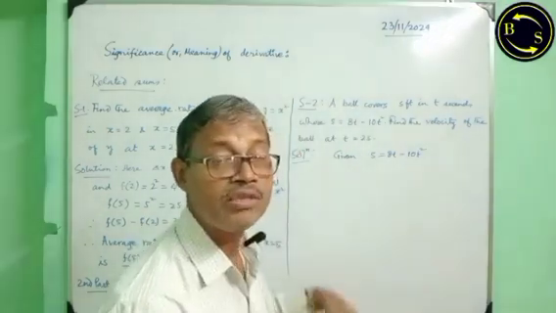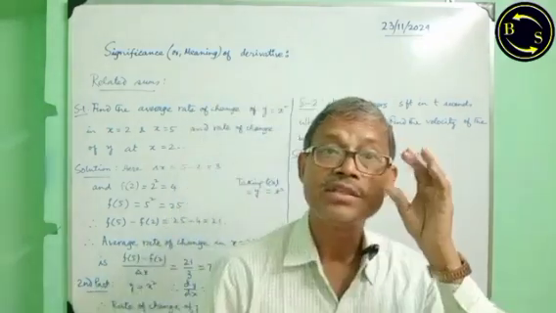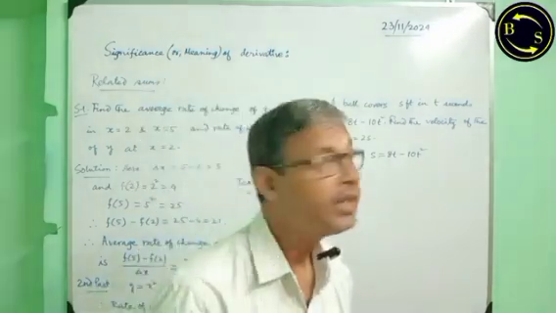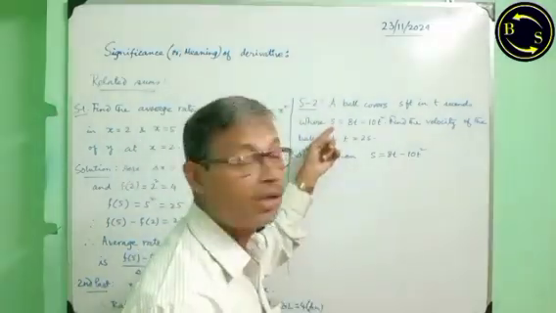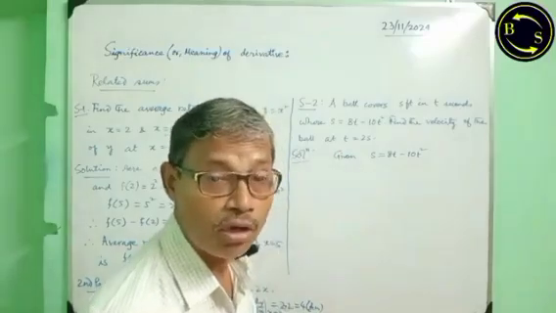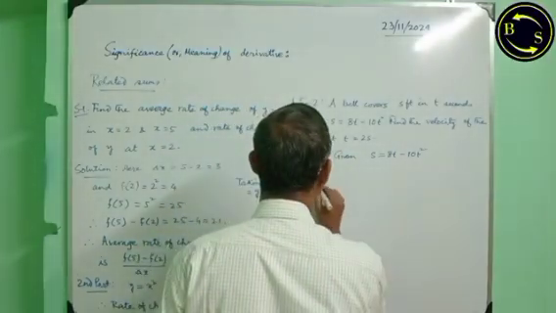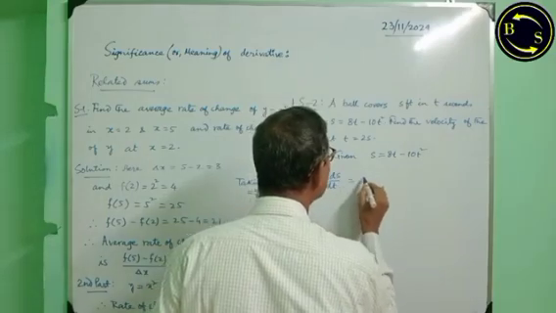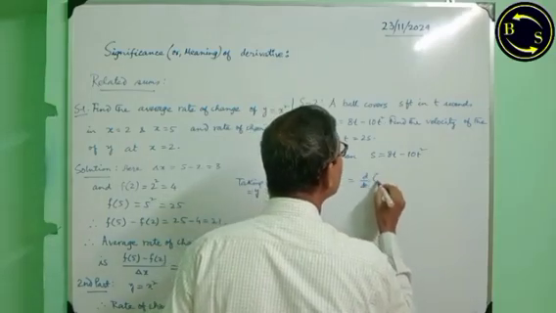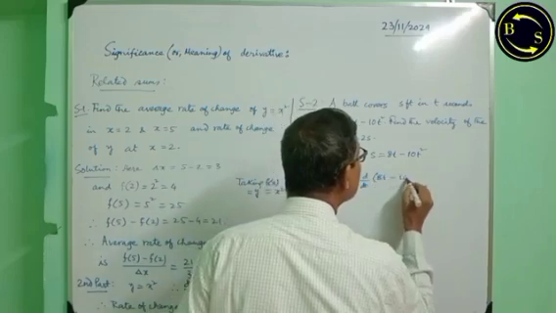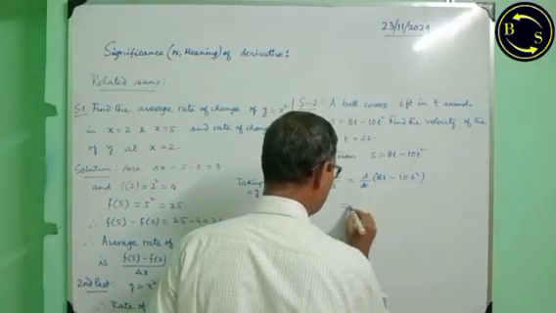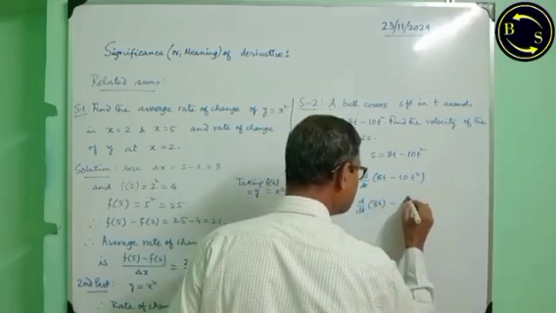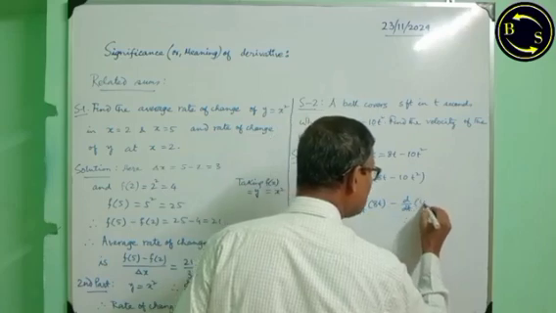Now the velocity I have already deduced. In case of x and t, where x is the distance covered by the particle and t is the time, the velocity is dx/dt. Here s is the distance covered by the ball, therefore ds/dt is equal to d/dt of 80 minus 10t square, that is d/dt of 80 minus d/dt of 10t square.